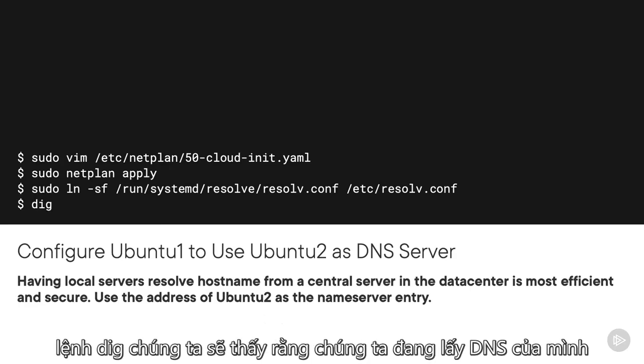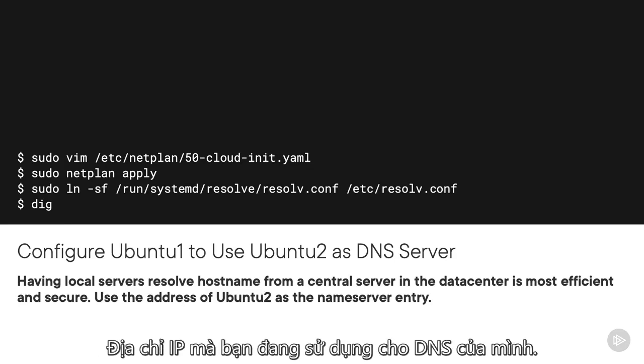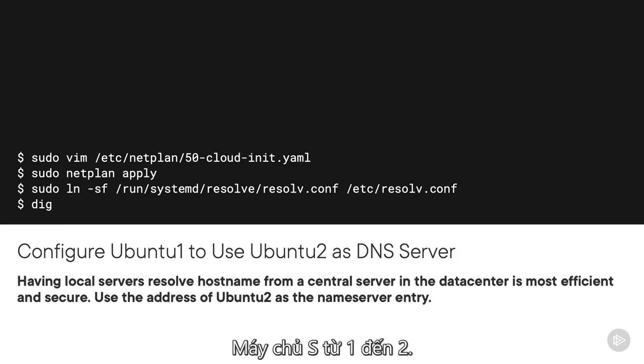Running our dig command, we should find that we are retrieving our DNS information from the 192.168.56.102 address, or whatever IP address that you're using for your DNS server on Ubuntu 2.